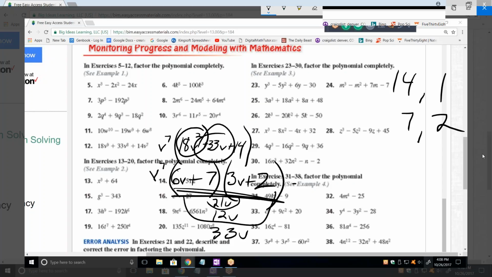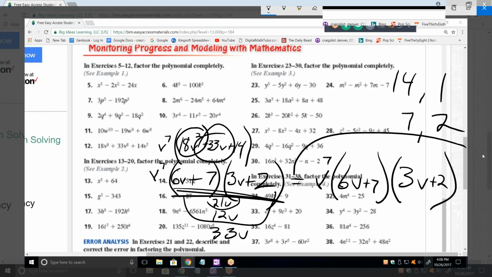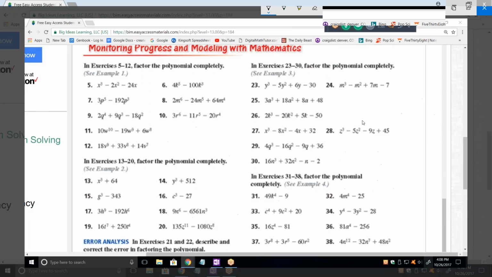So the final answer is v to the 7th times 6v plus 7 times 3v plus 2. So that's the answer they're looking for. Okay. All right, 13.